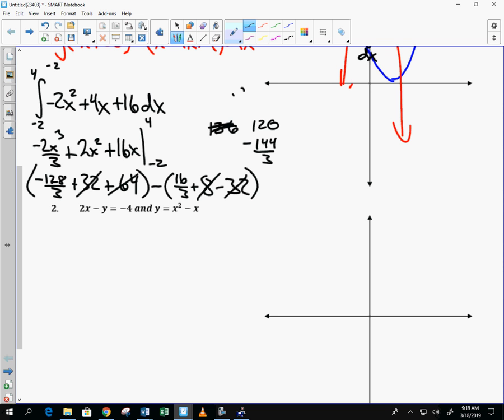So I think 144 divided by 3 is going to be 48. So we got 120 minus 48. Well, 120 minus 50 is going to be 70, so we got 72. That's what I got. Is that what you got?